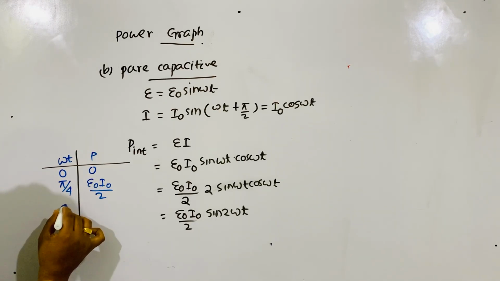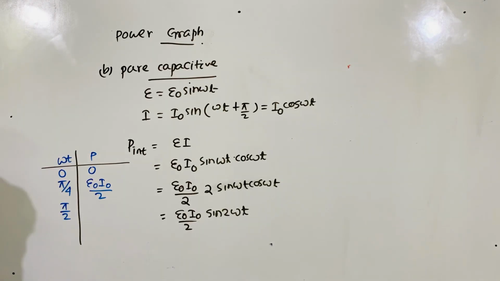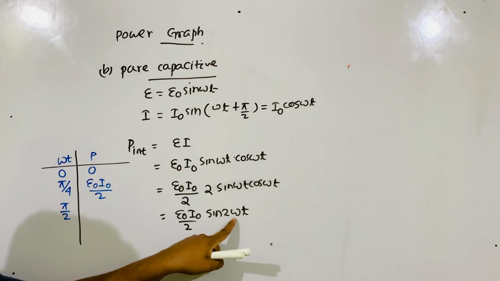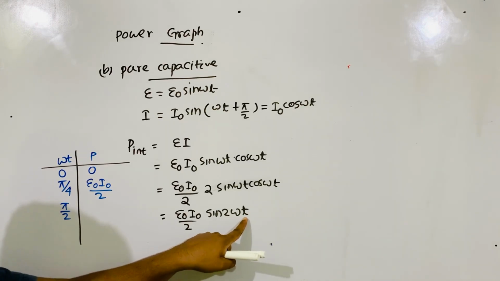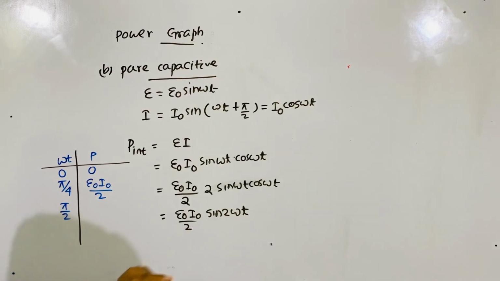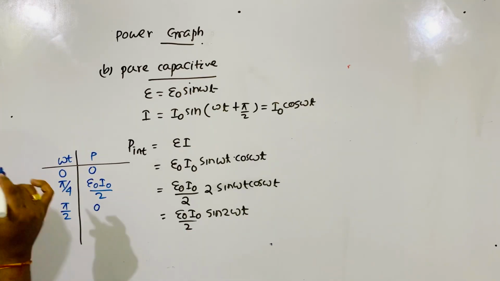Then let's take pi by 2. If you take pi by 2, then 2 into pi by 2 becomes pi. Sin pi is 0, so it's 0.